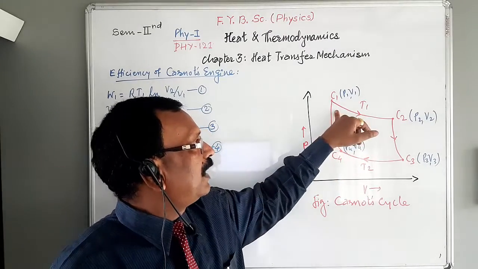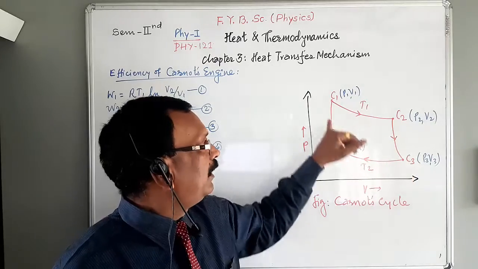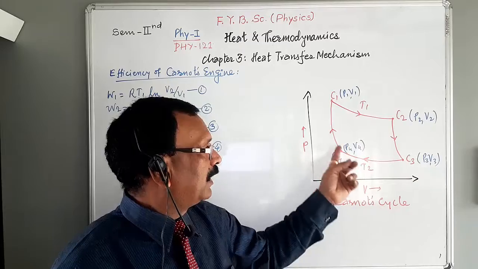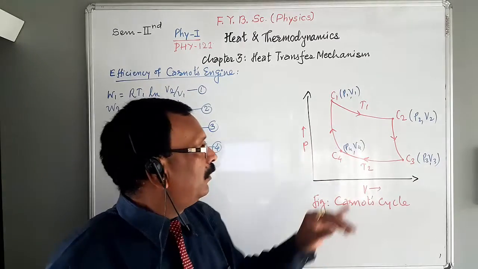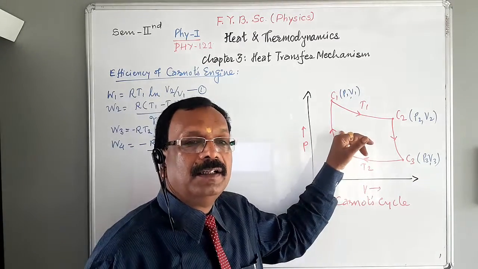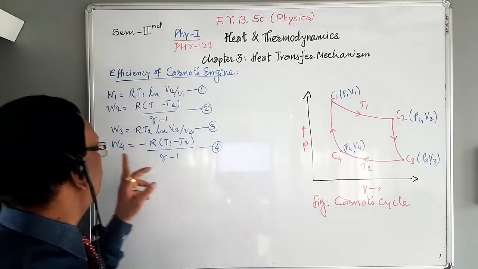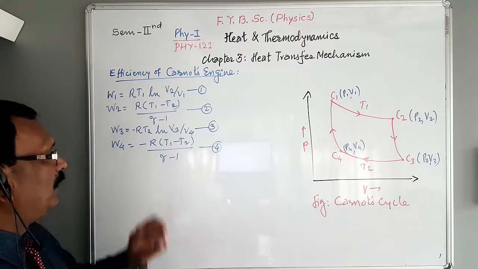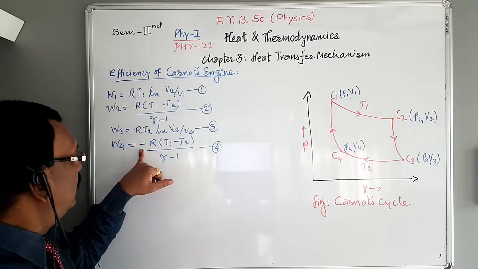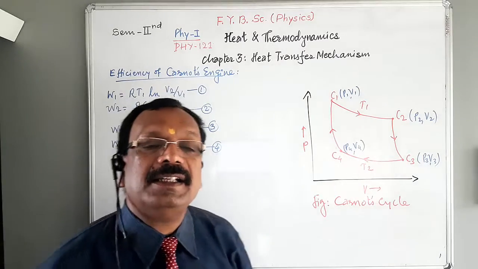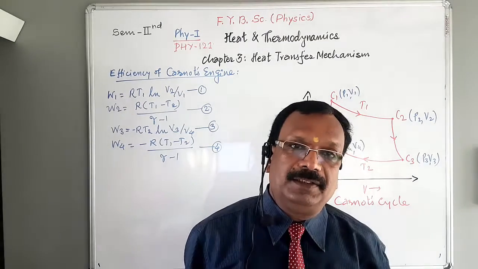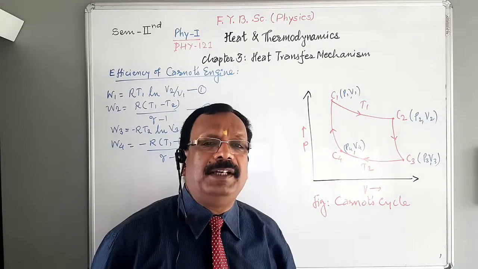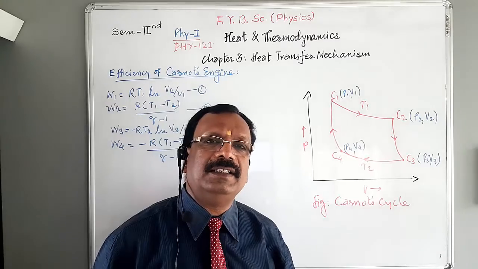Remember that system starts from C1 and it comes back to C1 after completing the number of successive operations. Now during this adiabatic compression, the work done is W4 is equal to minus R(T1 minus T2) upon gamma minus 1. Again here, remember that the negative sign indicates that work is done on the gas. Okay. Now, when cycle is completed, obviously its internal energy remains constant.